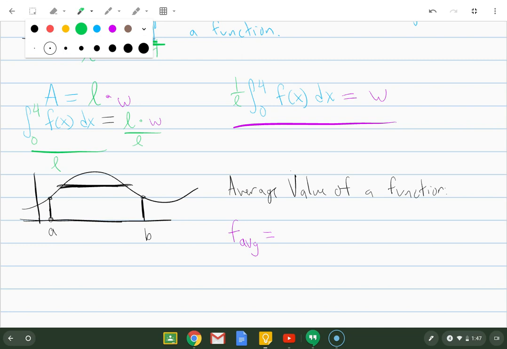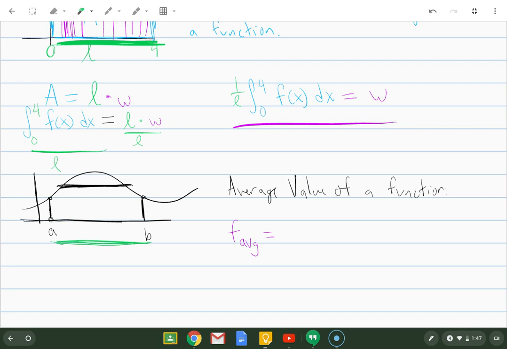So 1 over the length is really this distance from A to B, right? So if B is the larger one, it's just going to be 1 over B minus A. And then we have to do the integral, right? So we've got the integral from A to B of our function, and let's say our function here is f of x, so f of x dx.